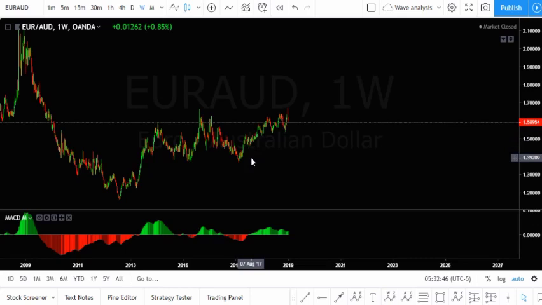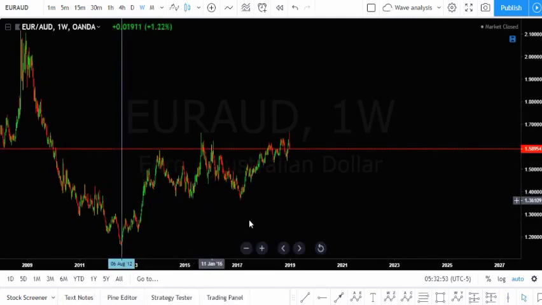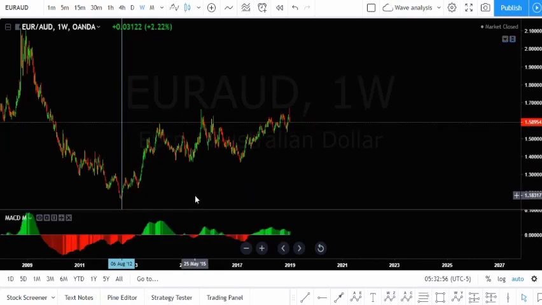So let's take another interesting example. Let's look at the EUR AUD, and let's start labeling from this bottom over here. So basically, let's get our MACD up. We had this impulse move up, and then we saw this move over here.